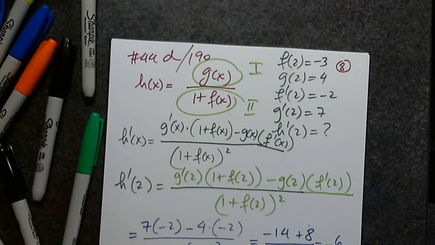Very good, a limit. For example, in this situation, if I am asked to use the definition of the derivative, I will have to write limit as h approaches 0 of h of x plus h minus h of x over h.